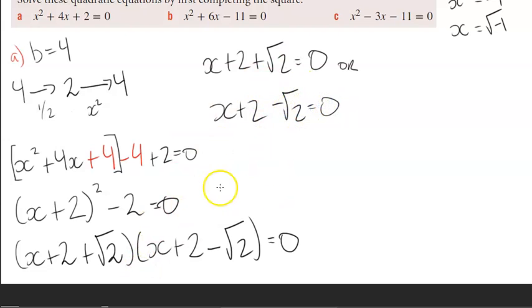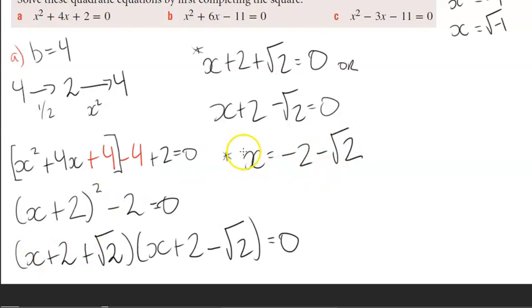So what do these have to equal? 0, both of them in these cases. To solve for x, we can just subtract these terms. From the first one, if I subtract 2 and subtract the square root of 2, x will be equal to negative 2, take away the square root of 2.